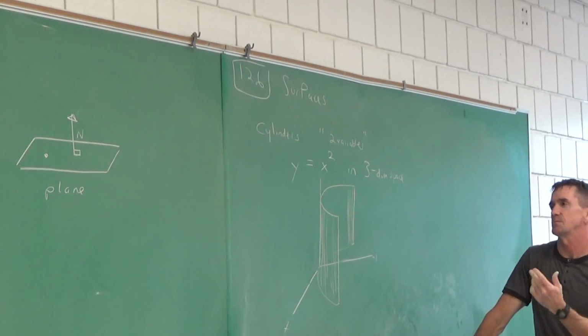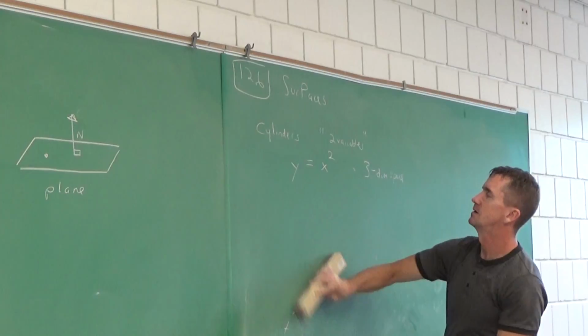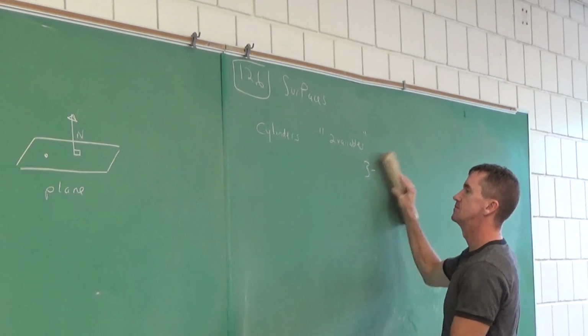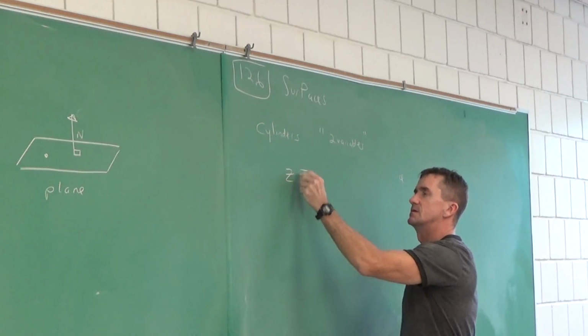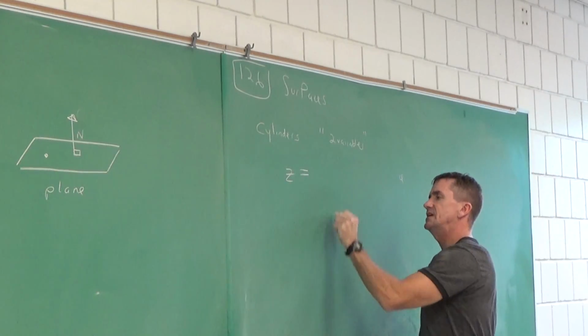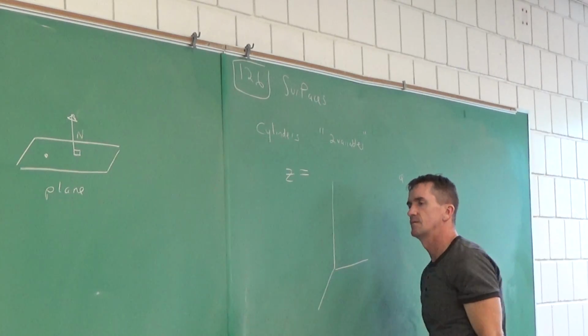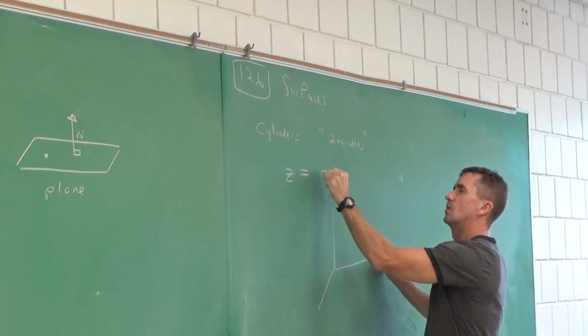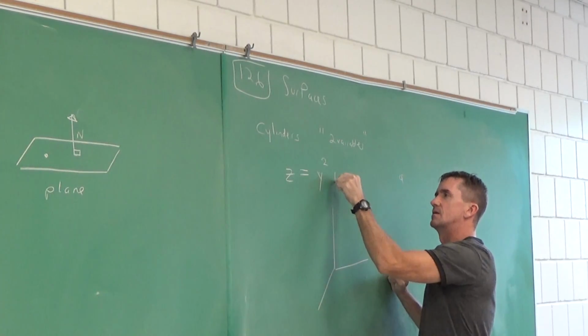Cool. All right, so that's a parabolic cylinder. So we got cylinders, but hey, one more. How about z equals y squared plus 2?